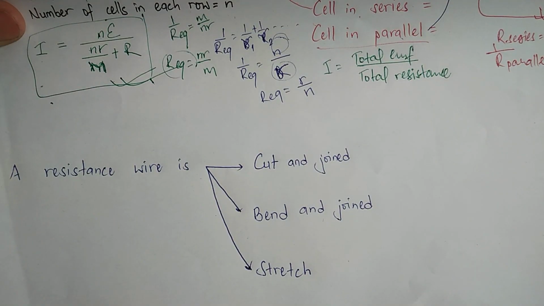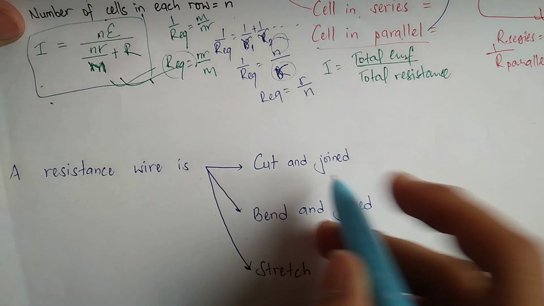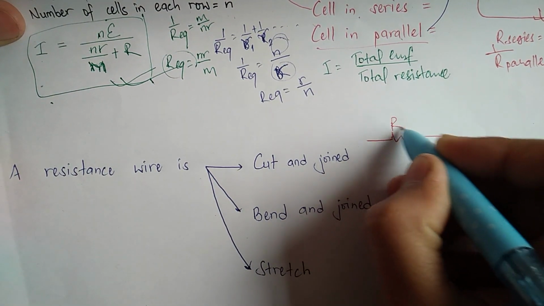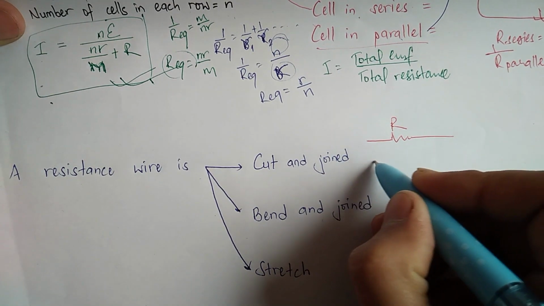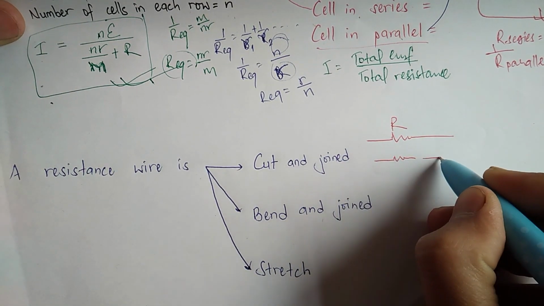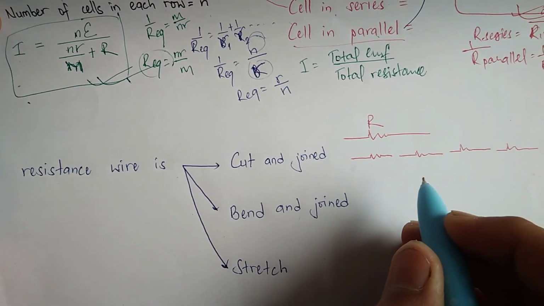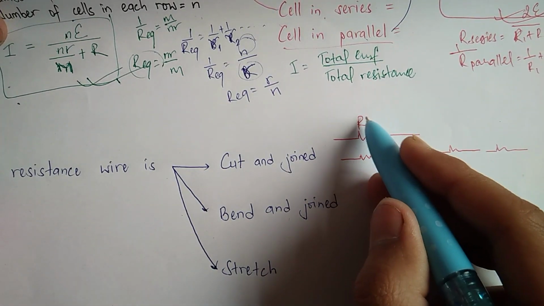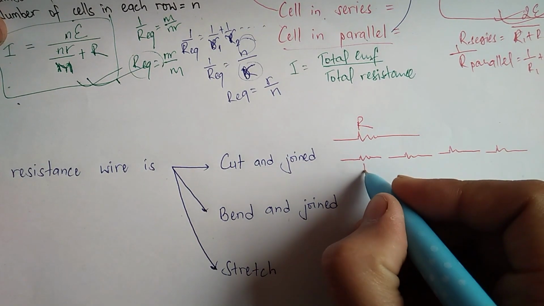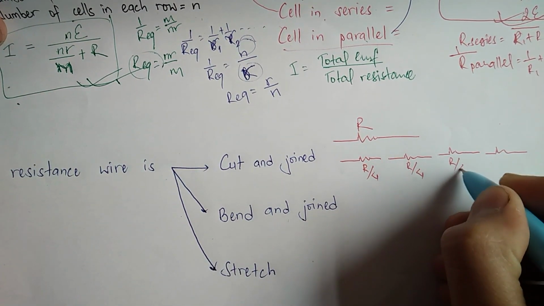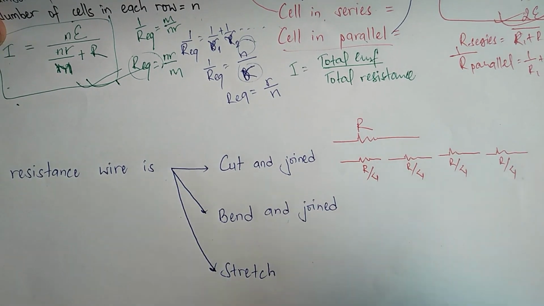Now there is another type of problem where a resistance wire is cut and joined. Firstly, the resistance wire had resistance R. Now it is cut. Let's cut it into 4 parts. So if one resistance is cut into 4 parts, it will be R by 4, R by 4, R by 4 and R by 4.